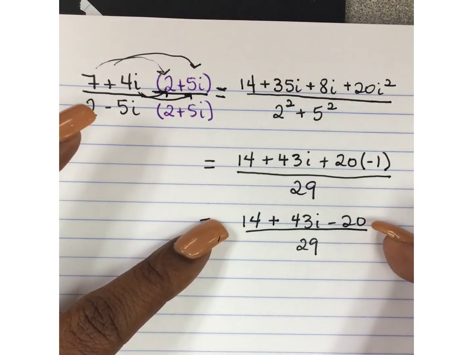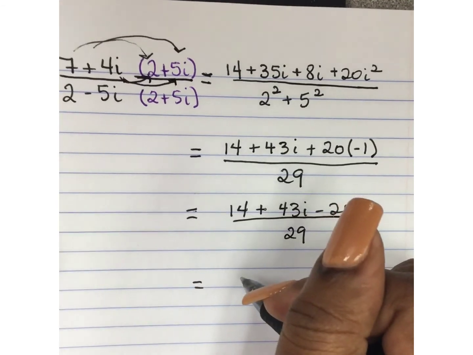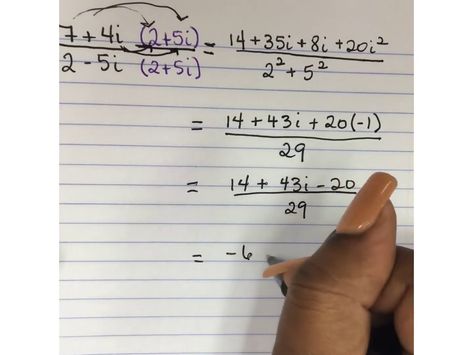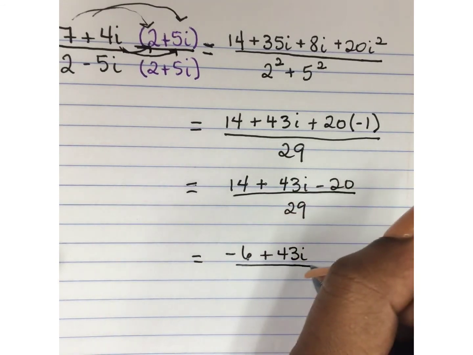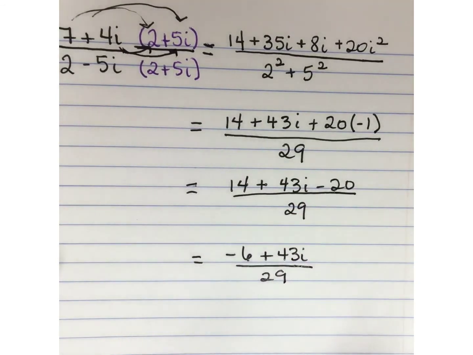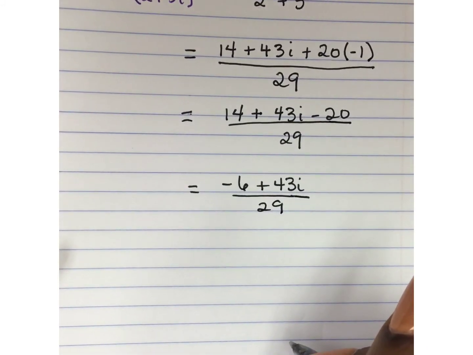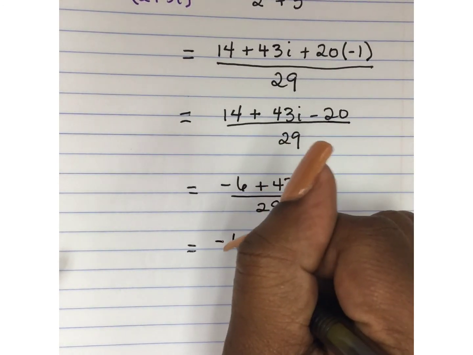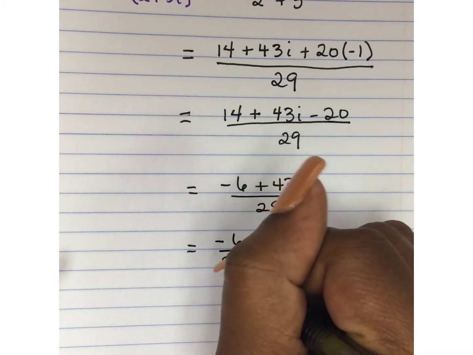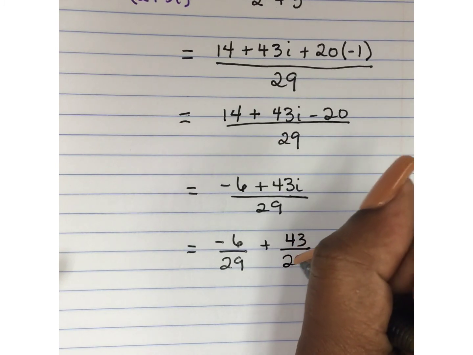In the numerator, we still need to combine like terms, and we have negative 6 plus 43i divided by 29. And remember, the numbers have to be separated, the real on the left and the imaginary on the right. Real before fake. And it'll be negative 6 over 29 plus 43 over 29i.